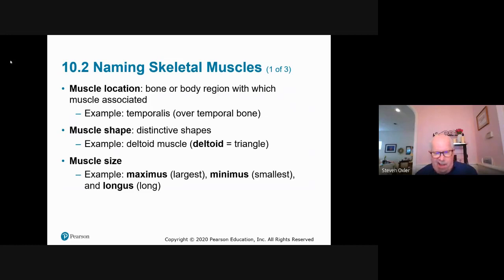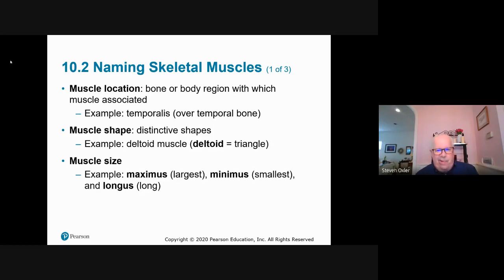Muscles are also named for their shapes. The deltoid muscle in the arm and chest is named the deltoid because the word deltoid in Latin means triangle and it is triangular in shape. A muscle can also be named for its size.